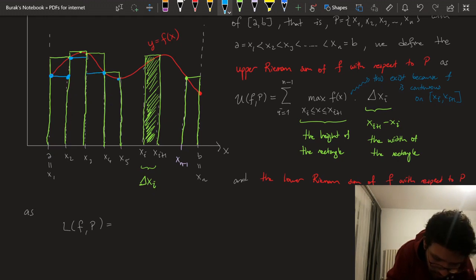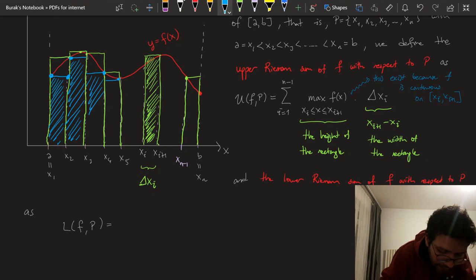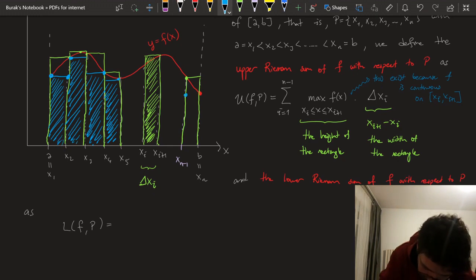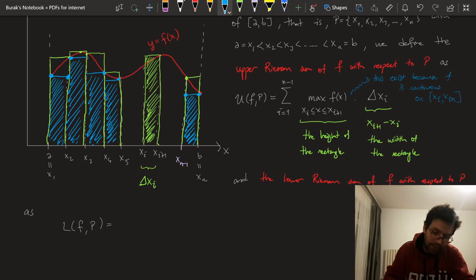And for this one, it's over here. So what I'm going to do now is, for the lower Riemann sum, I'm going to add the areas of these rectangles up, okay? And for the last one, it's going to be this.